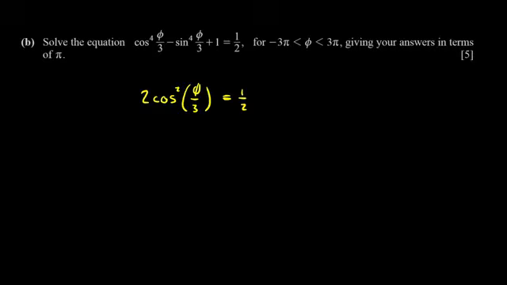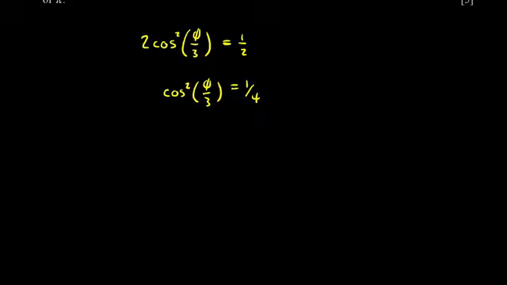And we can rearrange that. We get cos squared phi by 3 is equal to a quarter. And then we can square root both sides. So we're going to solve cos phi by 3 is equal to the square root of a quarter, which is plus or minus a half, right? Because if we square root 4, we get 2.